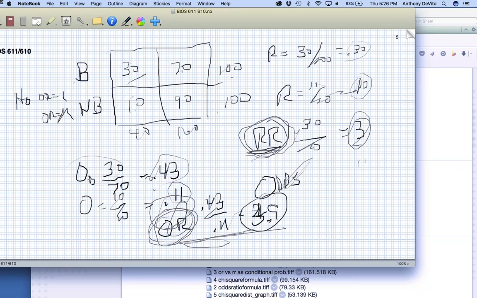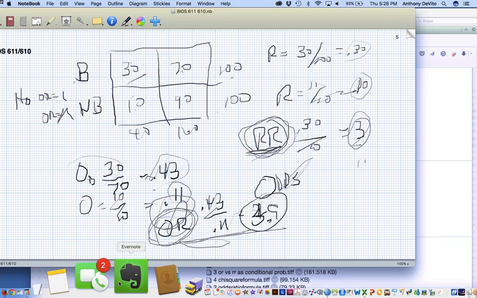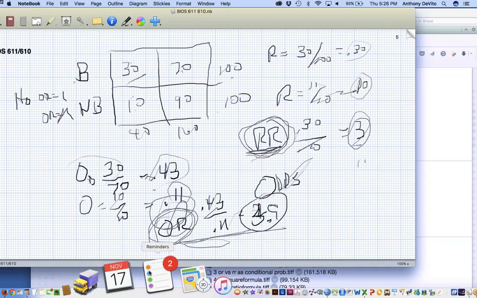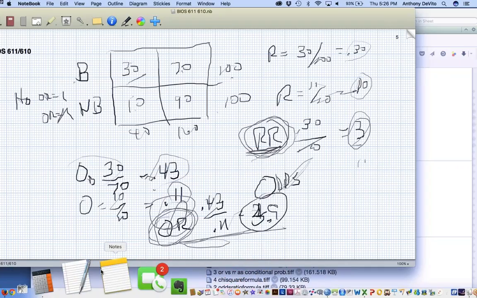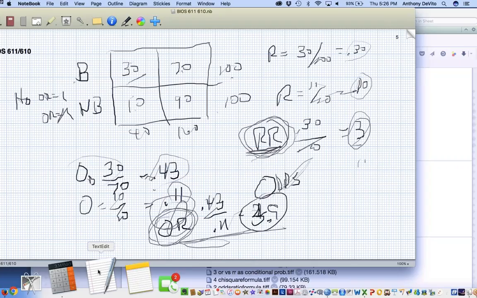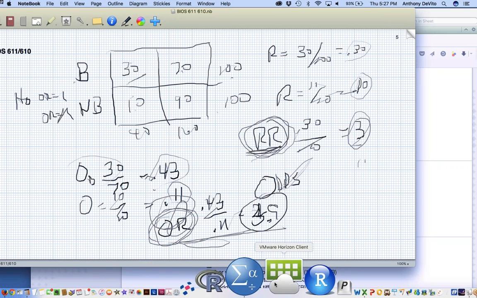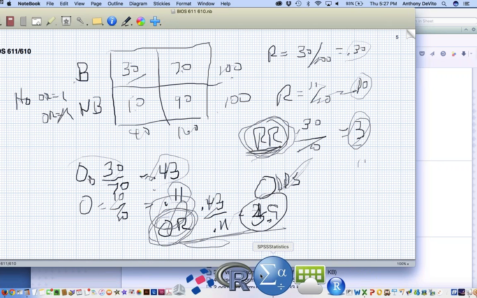I'm going to go very quickly back to SPSS because I won't probably ask you to calculate the confidence interval for the odds ratio by hand. That's how you would look: you calculate a confidence interval for the odds ratio, and then you would see if the number 1 is inside that range, which means that you can't say it's different than 1, right?